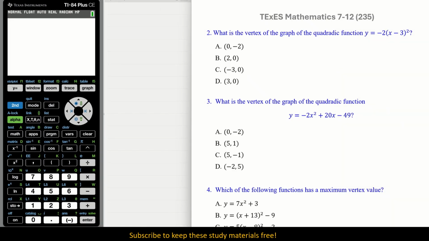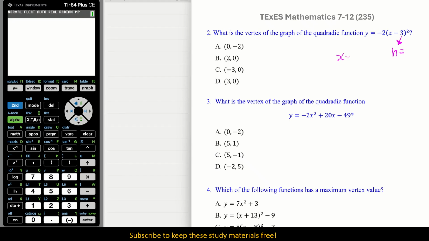Number 2, what is the vertex of the graph of the quadratic function y equals -2 parentheses x minus 3 close parentheses squared? First off, if you remember our forms of the quadratics, we know this will be our h. What does h really equal?